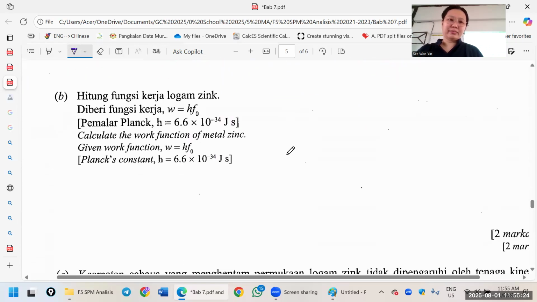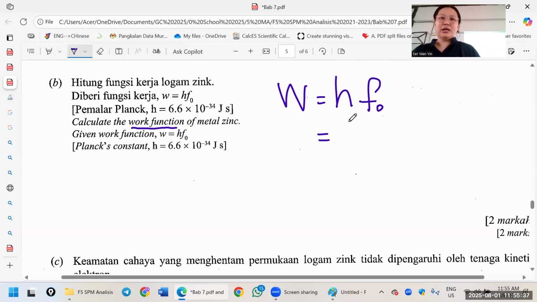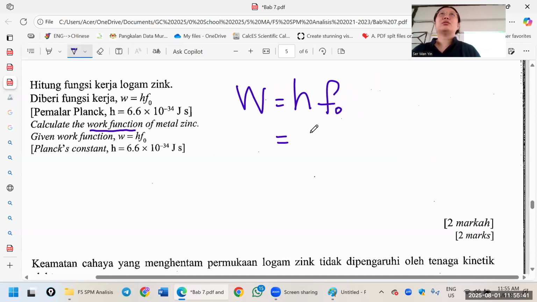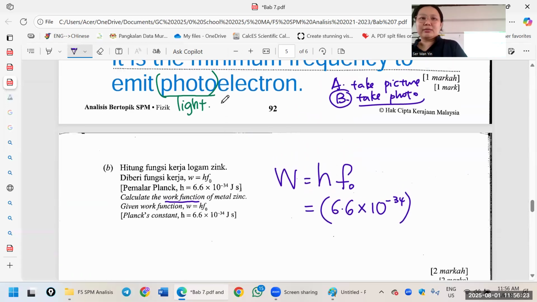Okay, so now calculate the work function. Given work function is W equals to HF naught. So, Brandon, H 多少？做啦，你们会就做啦。Okay, 6.6 times 10 powers of negative 34. F naught 多少？这里没有给怎么办？对，它在上面。F naught on the top.